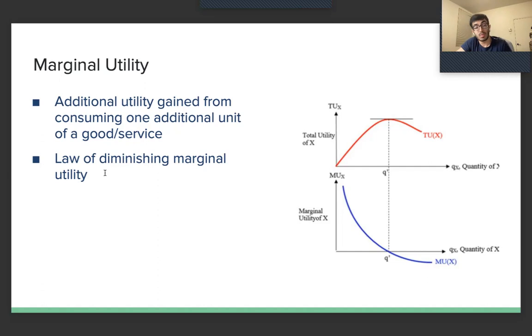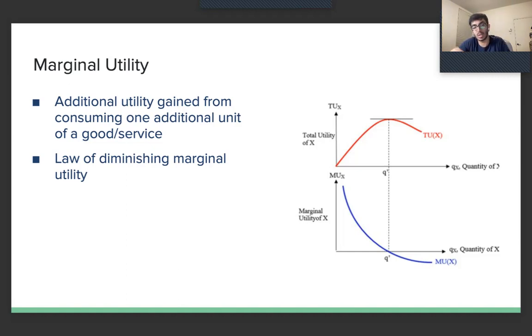And the law of diminishing marginal utility says that as you consume more and more of a good or service, the additional utility you keep on getting is lower and lower. Let's say I start eating an ice cream, my marginal utility is positive from the first ice cream, but when I have the second one, it's still positive, but I get a lower additional happiness.